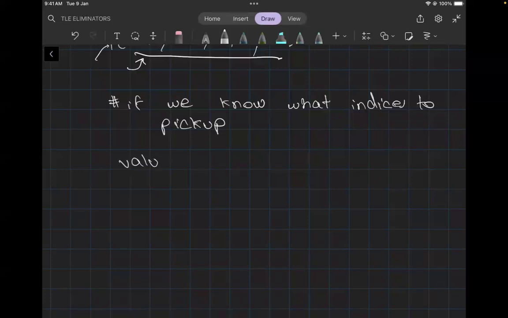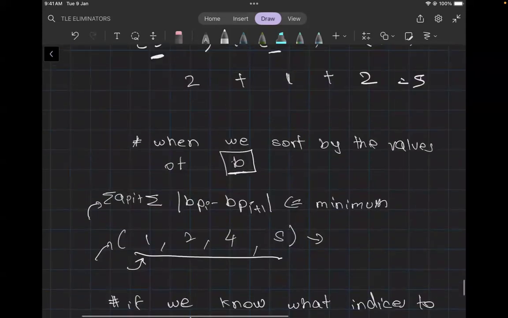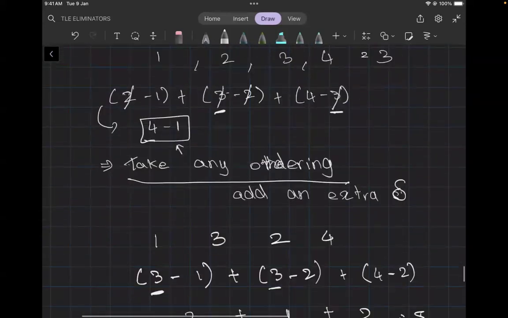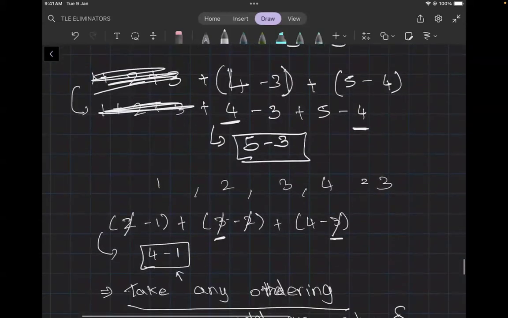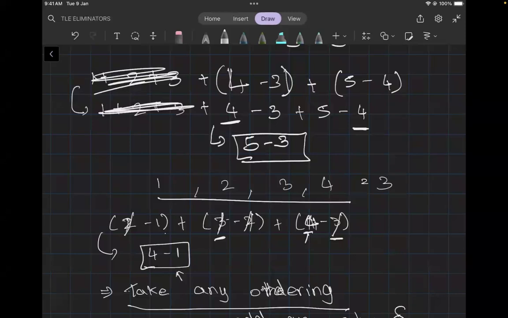The value is nothing but summation A of Pi plus max B minus min B. Whatever is max in the value of B minus min in value of B. Like if you put the values, for example, 1, 2, 3, 4, you notice that everything gets reduced apart from this plus 4 and this minus 1. 1 is the min element, 4 is the max element in B.